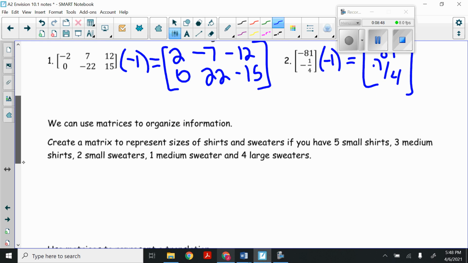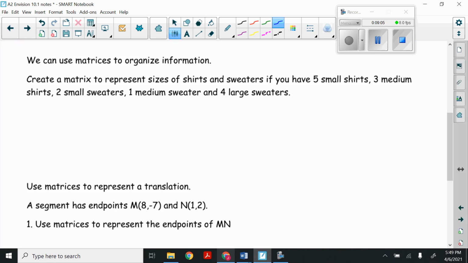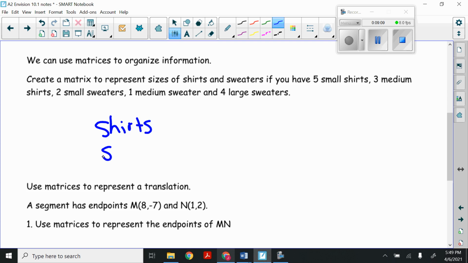And it tells us that we can use matrices to organize information. We want to create a matrix to represent the sizes of shirts and sweaters. If you have 5 small shirts, 3 medium shirts, 2 small sweaters, 1 medium sweater, and 4 large sweaters. So I have shirts and sweaters. So shirts and sweaters are going to be my rows. My sizes, I have small, medium, and large.